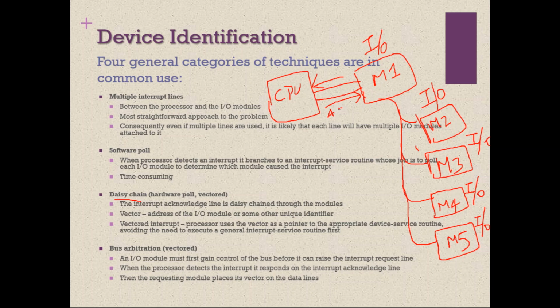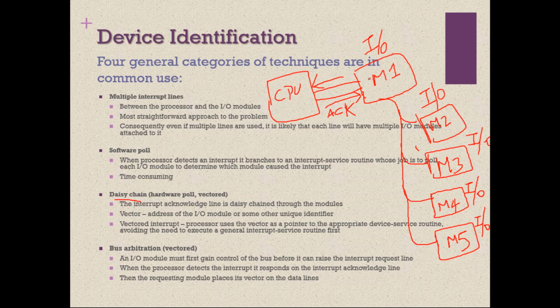This acknowledgement will reach all devices in the correct order. First the acknowledgement will go to M1. M1 will check. If M1 has created the interrupt, then M1 will keep its address in the data bus, which means I have created the interrupt.